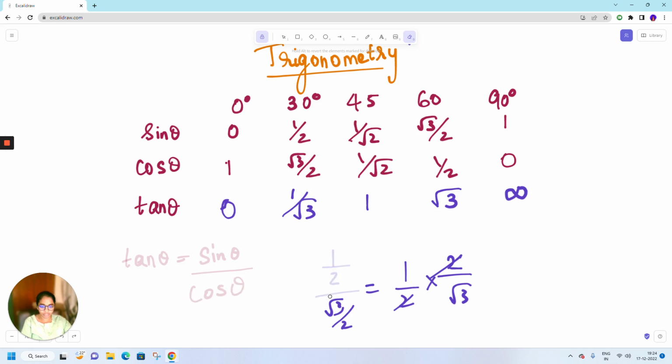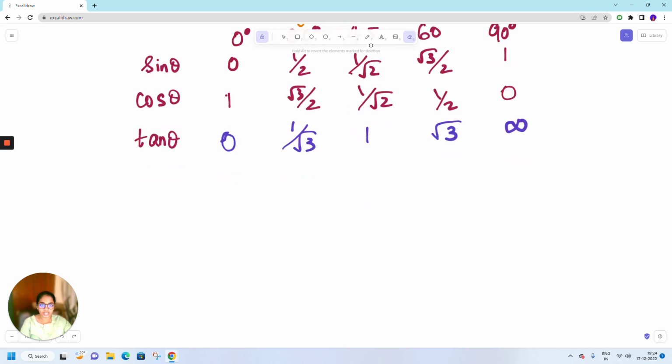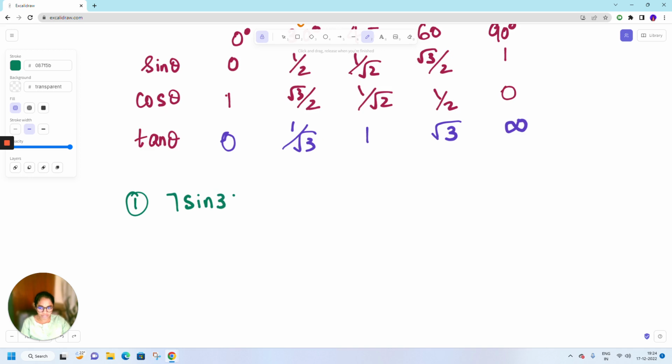Now moving on, let me solve some problems on these. The first question is, find the value of 7 sine 30 degree plus cos 60 degree. We just have to take the values from the table.